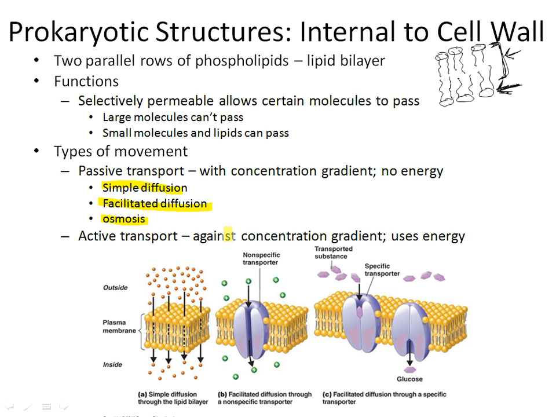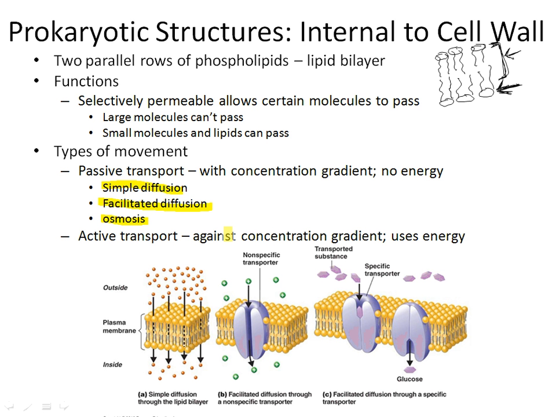Let's say I've got 3 nonpolar molecules on the outside. They're very small. And I've got 1 small nonpolar molecule on the inside of the cell. Since they're nonpolar, they can just move through the membrane on their own. So which way would they move? Right, through the membrane.